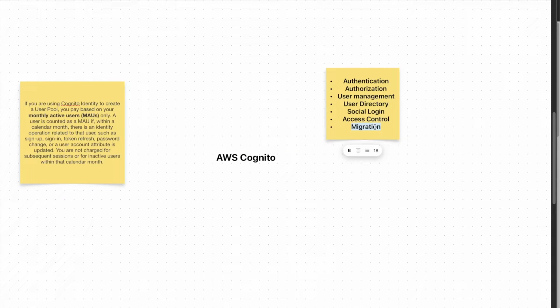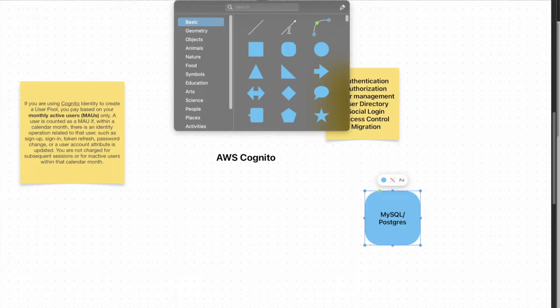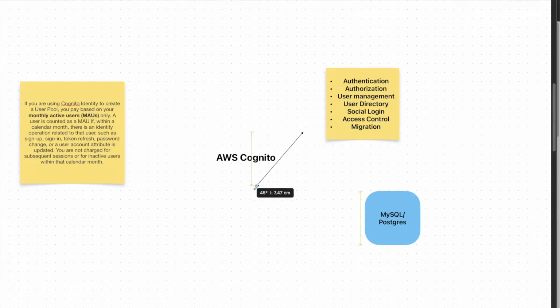In the case of migration, let's say you already have a previous database setup, for example MySQL or Postgres, that currently contains all of your users, and you want to move these users into Cognito.